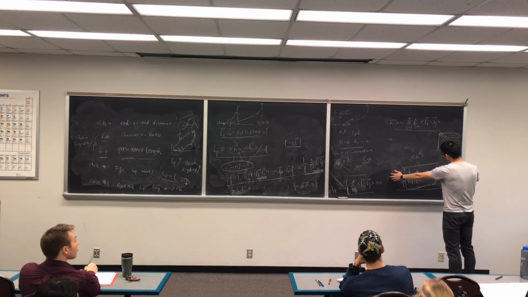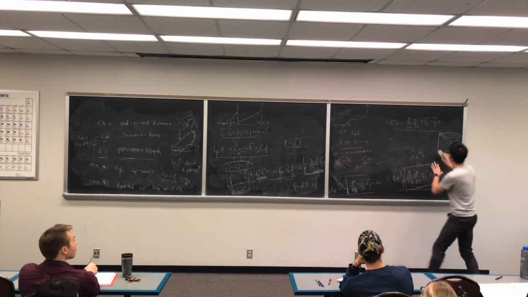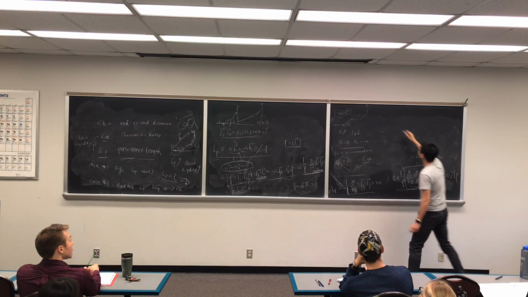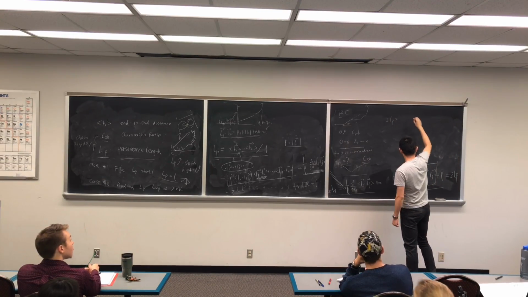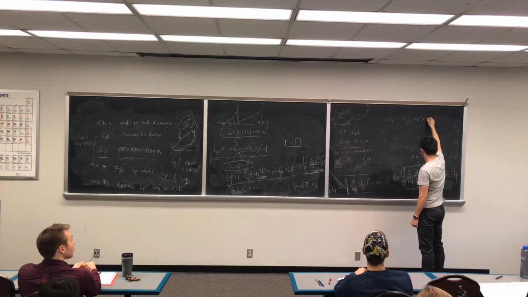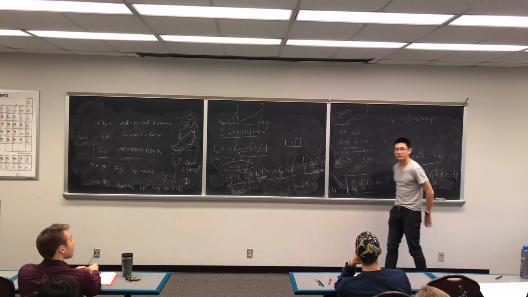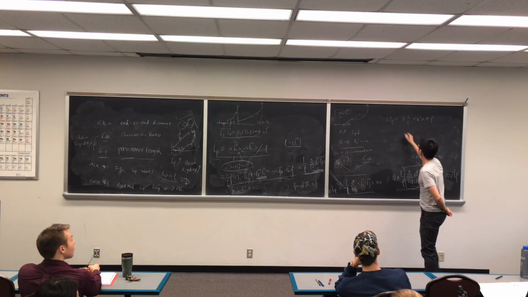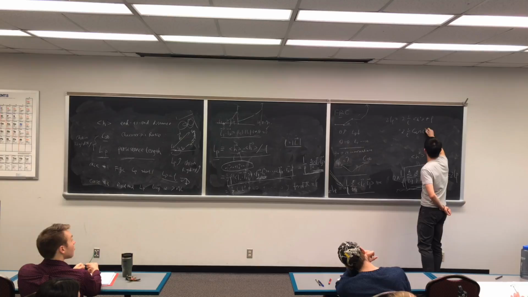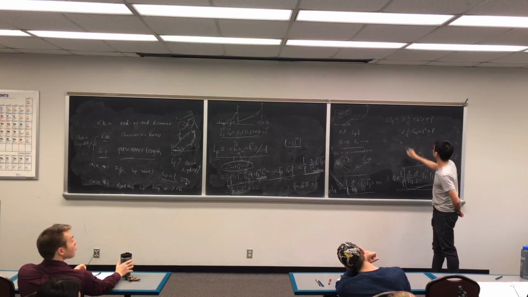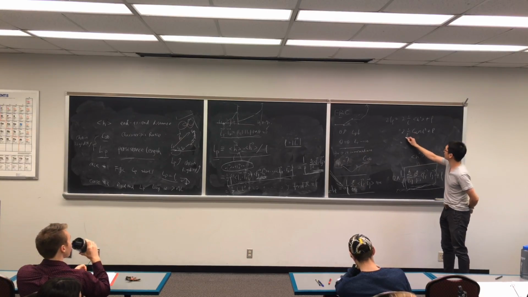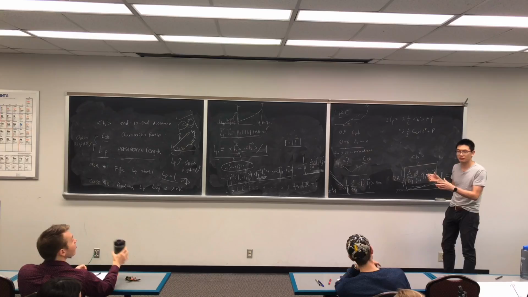I will write this equation on the top. So this is L, and there's L squared. They can cancel out each other.